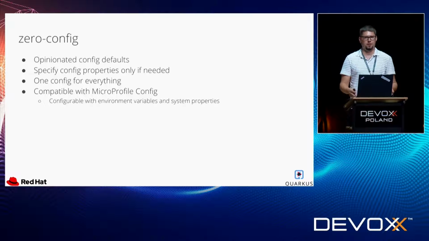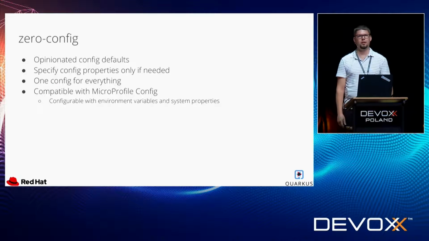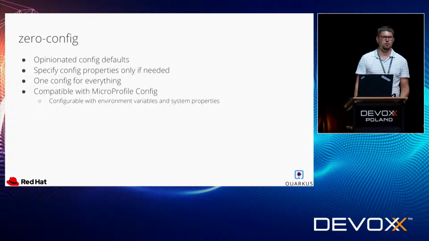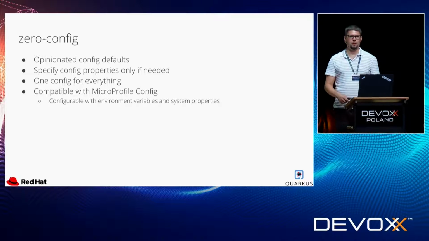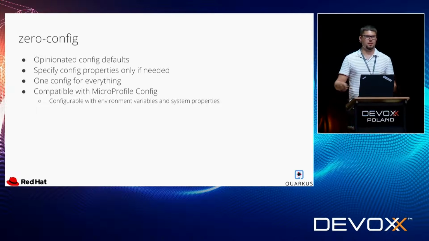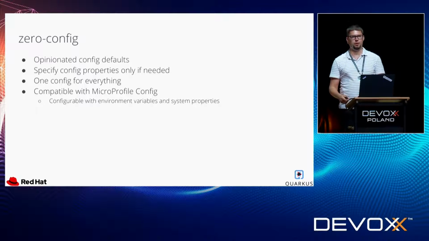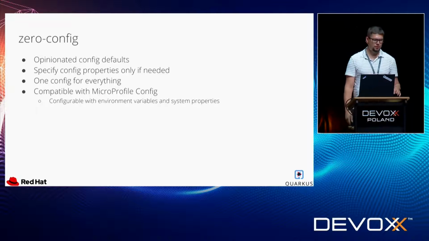It's in a uniform format, and it's compatible with MicroProfile Config, and that means that you can override your config properties with system properties or with environment variables. Again, overriding with environment variables is nice in the Kubernetes world when you can have a config map and inject environment for a pod from the config map. And MicroProfile Config also means that you can provide your config sources in an easy way as well.